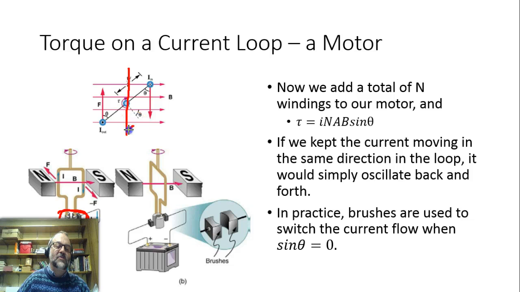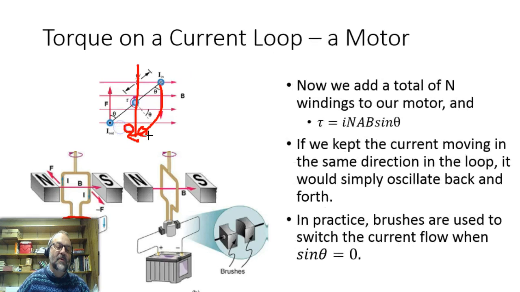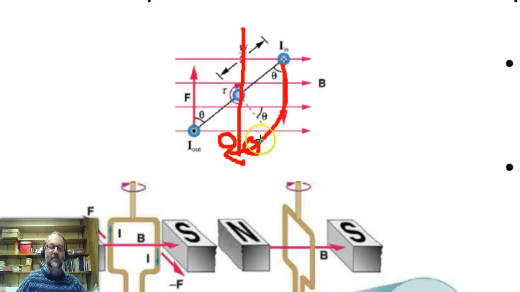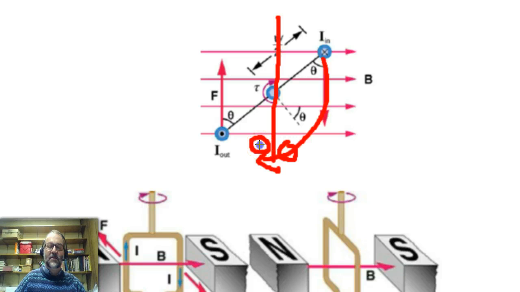So once this rotates down to here, instead of the current still being into the screen at that point and this being out of the screen, they reverse.